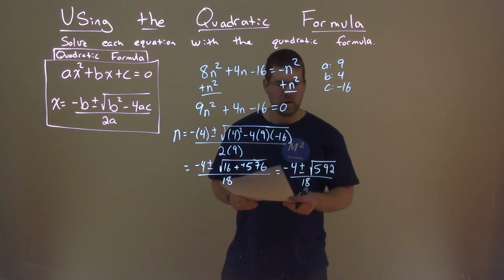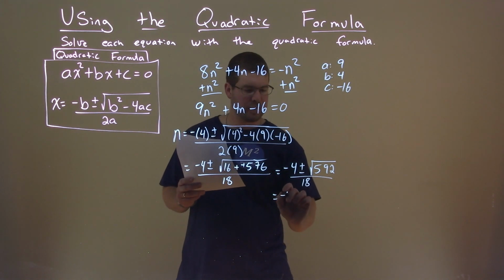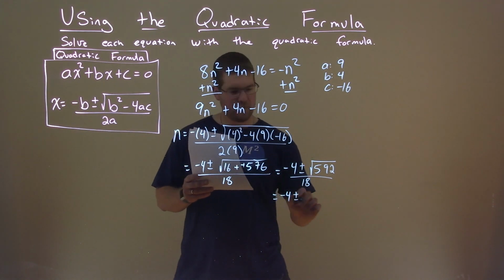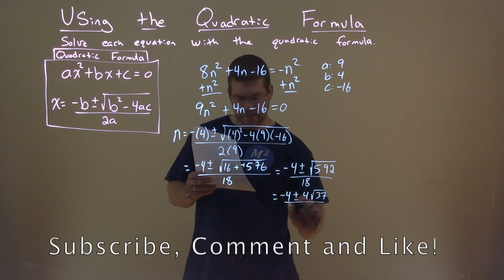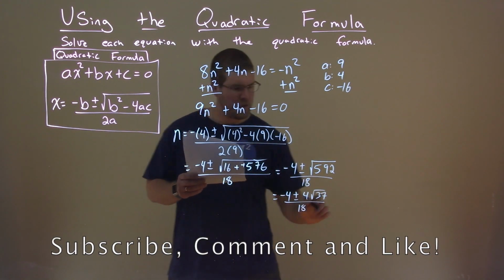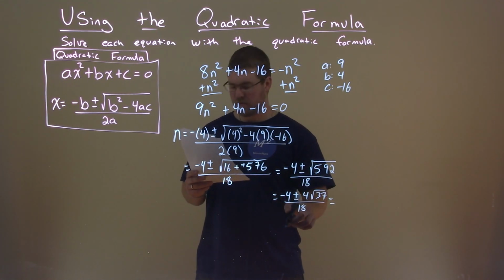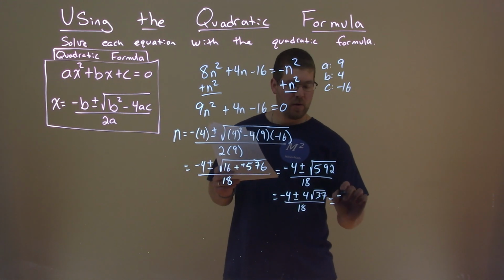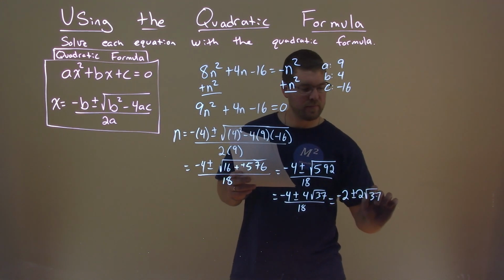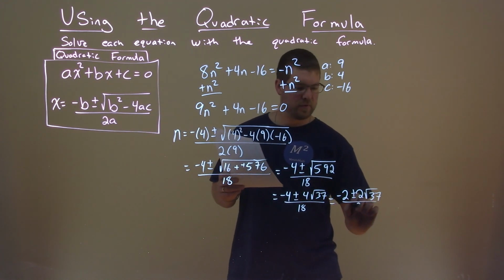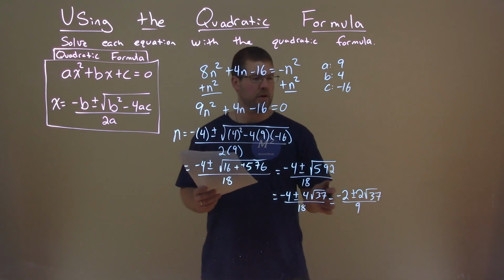Okay? Well, square root of 592 can simplify to be 4 square root of 37. That's over 18. And now 2 goes into 4, and 2 goes into 18, so we can simplify that. And we have negative 2 plus or minus 2 square root of 37 over 18 divided by 2 is 9. So now we have this kind of jumbled number with plus or minus.